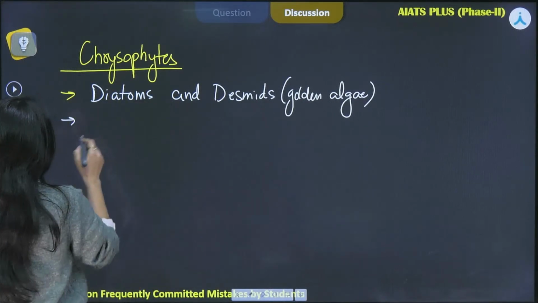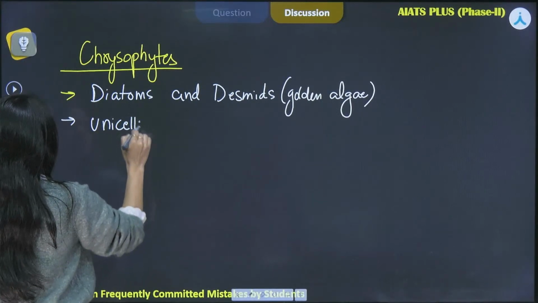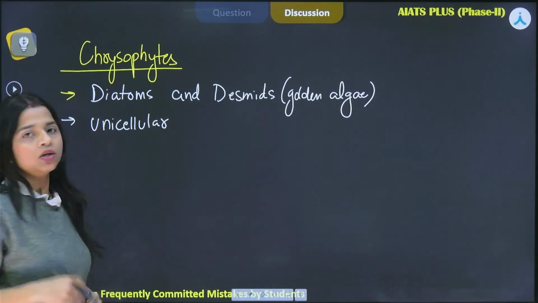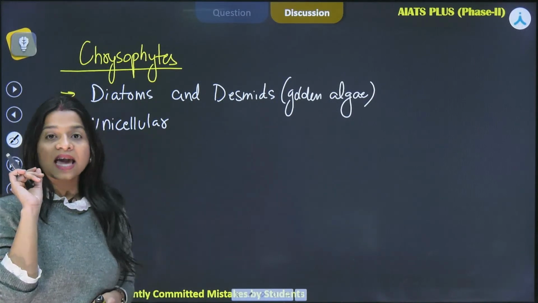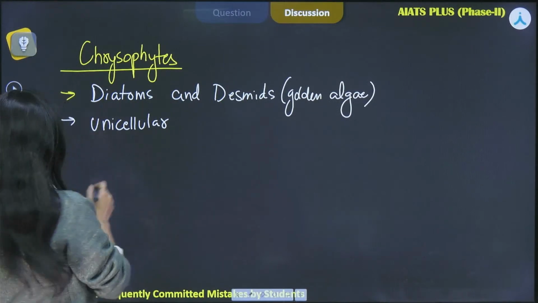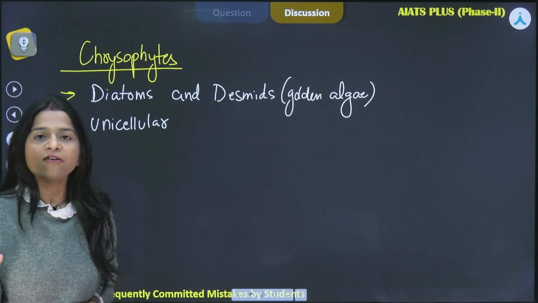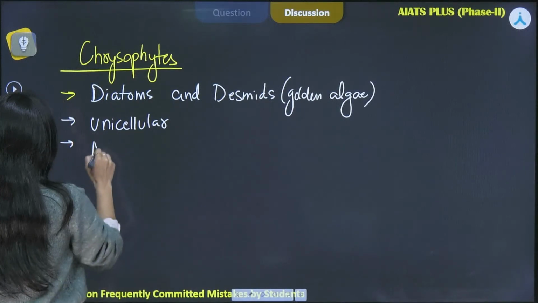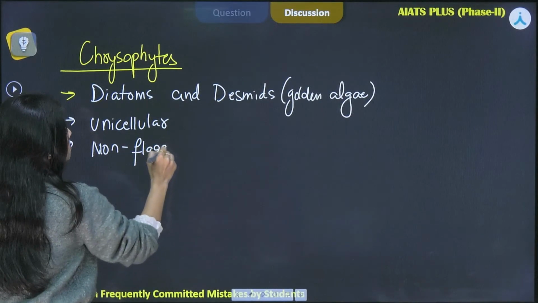The first one is they are unicellular, because they belong to the kingdom Protista, and the characteristic feature there is that they are unicellular eukaryotes. They are non-motile, they do not have flagella, so we can simply say they are non-flagellated.